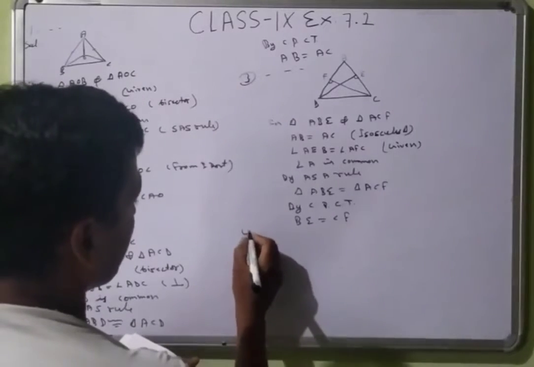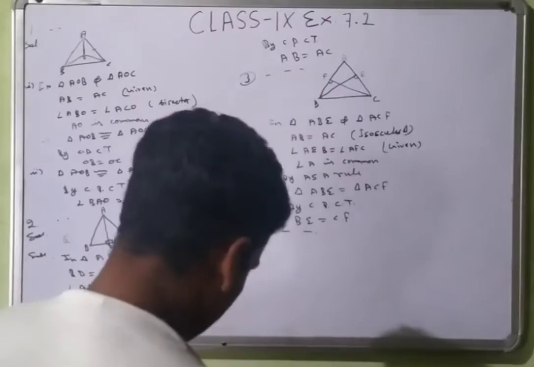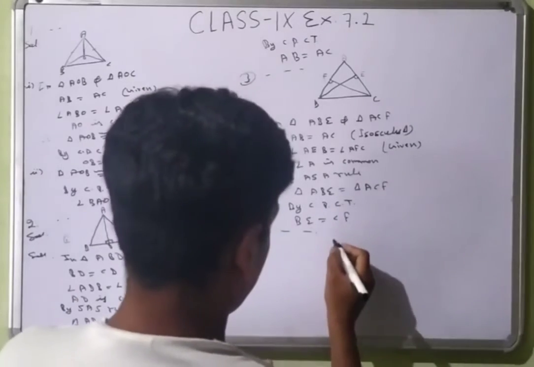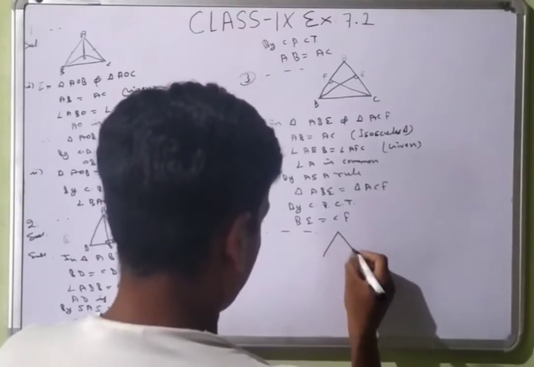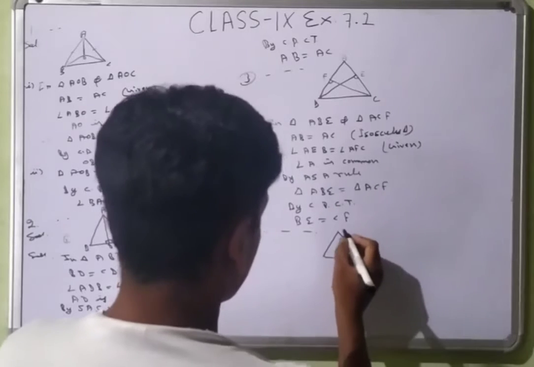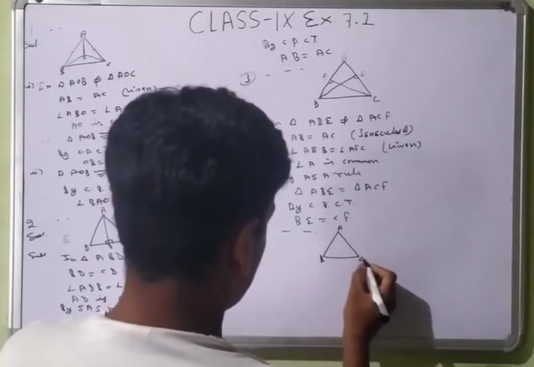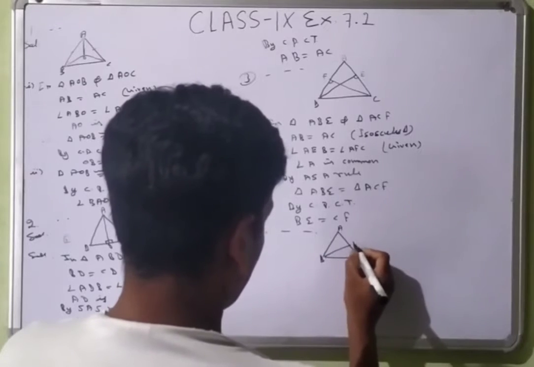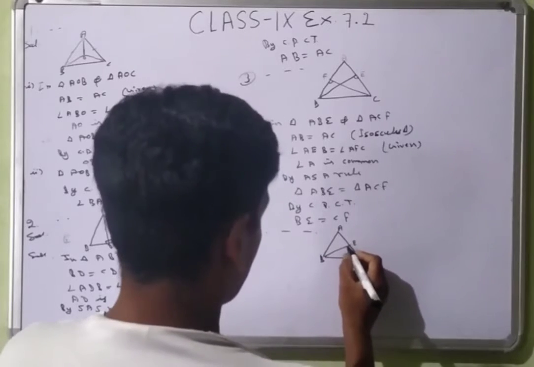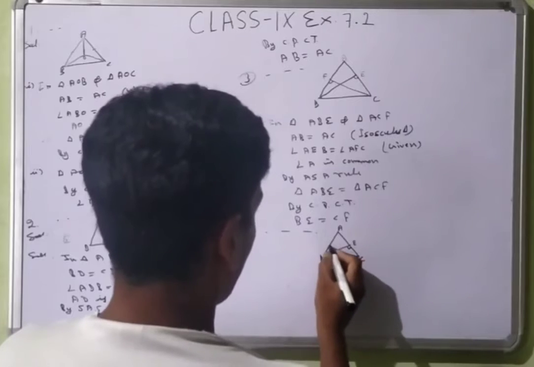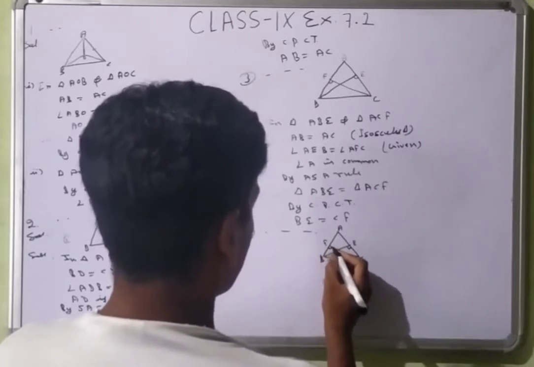That was the fourth question. The diagram is also given there. Same diagram is here. A, B, C, E, that 90 degree also. F, 90 degree also.